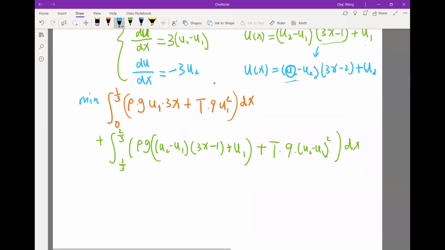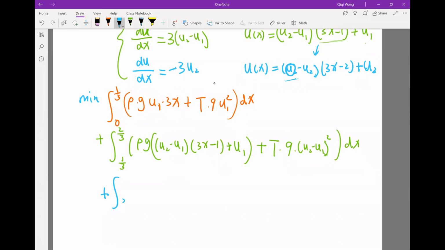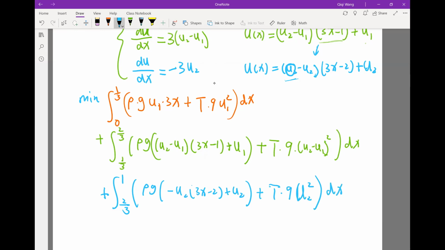And we have our third element here, 2/3 to 1. Again, we have rho g, and my x here is going to be minus u2 times 3x minus 2 plus u2, okay, and the plus t times 9 times, well, 9 times u2 squared dx.